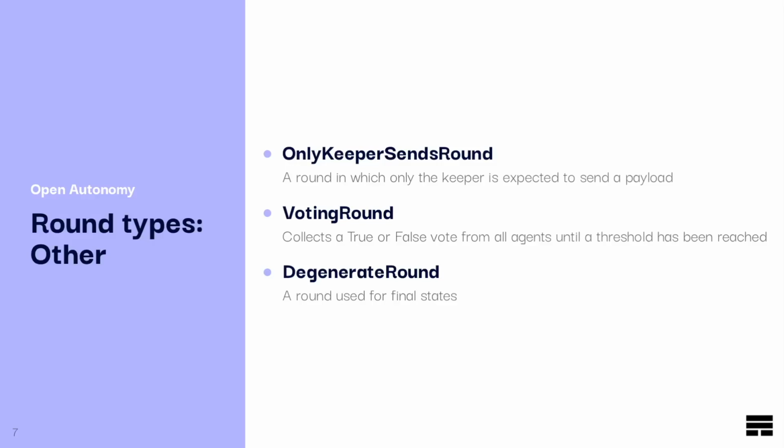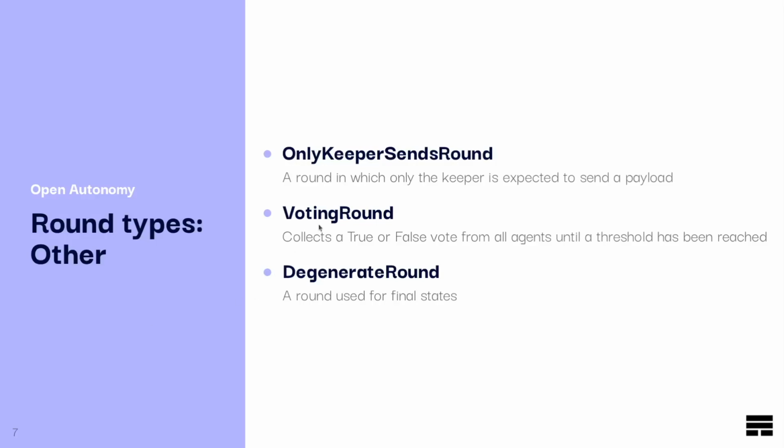This could be, for example, submitting some sort of transaction on-chain, or executing some sort of contract call, or accessing some API which has restrictions or is a paid API, and we only want that one of the agents of the service, which is called the keeper, executes this action.